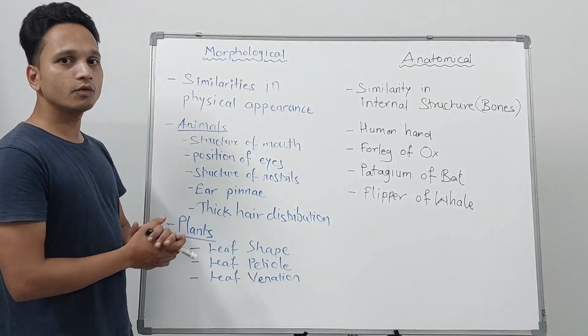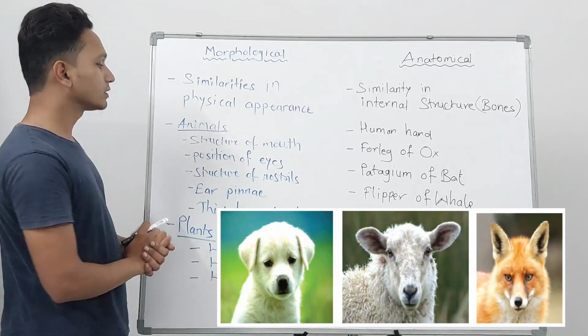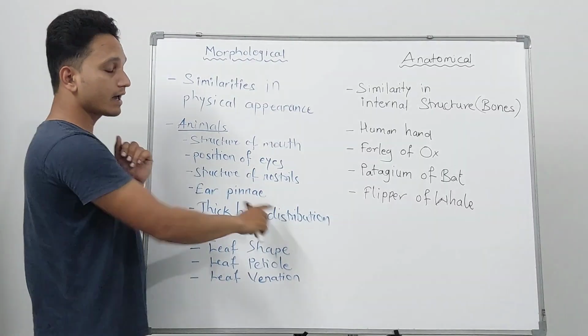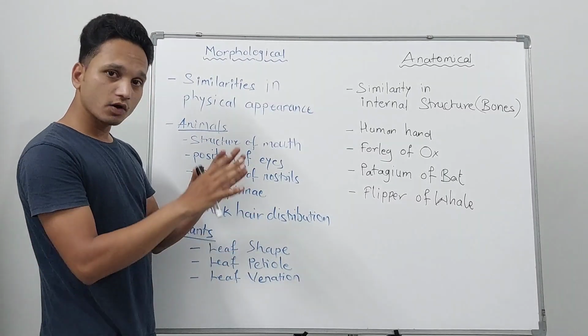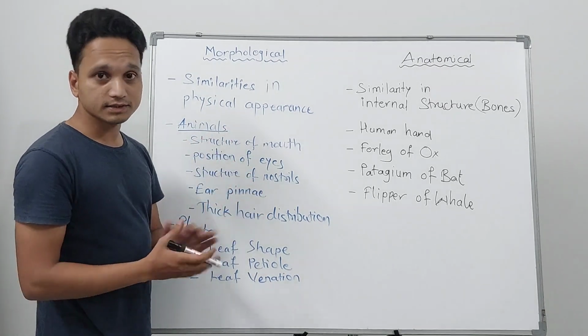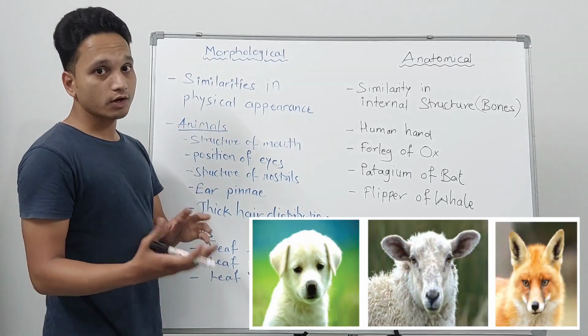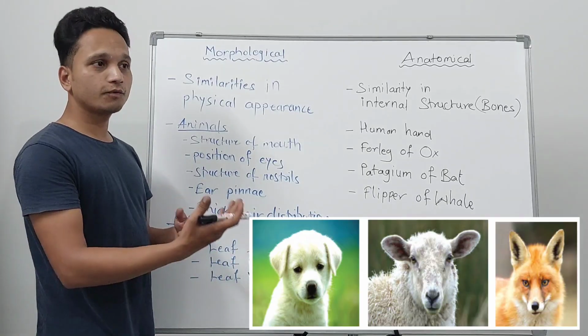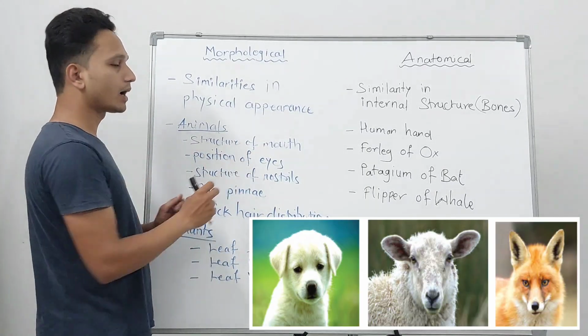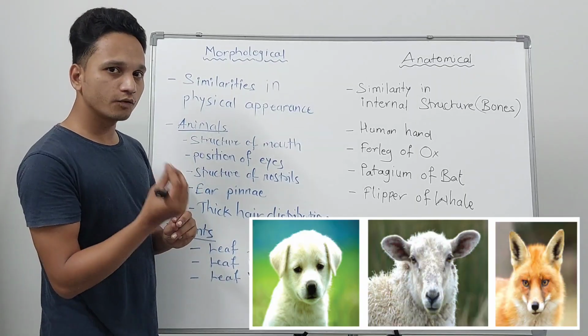In case of an animal, we see the structure of mouth, position of eyes, structure of nostrils, ear pinna, thick hair distribution on the body. We see all of this, and we see all these characters in various animals. If we compare a goat or a sheep to a dog or any other four-legged animals, we can clearly see that the structure of mouth is nearly the same with slight differences.